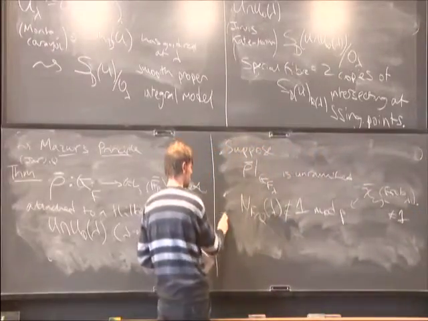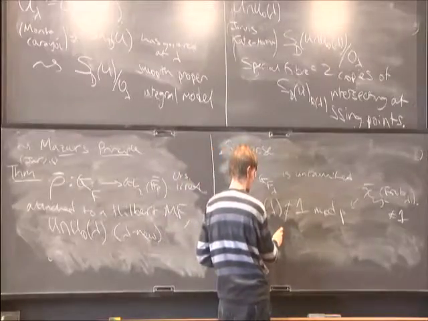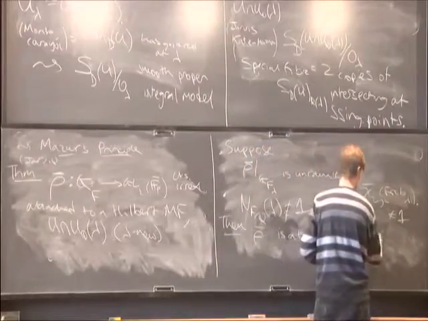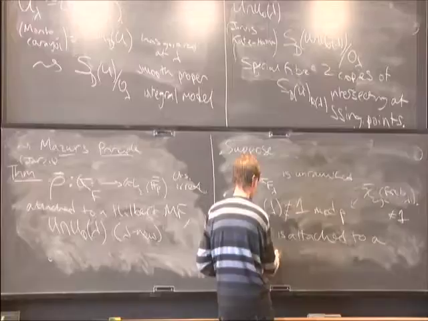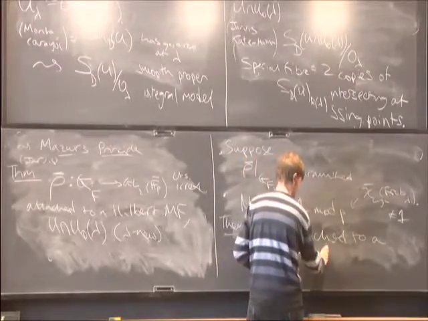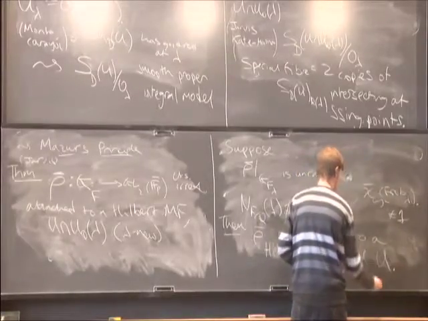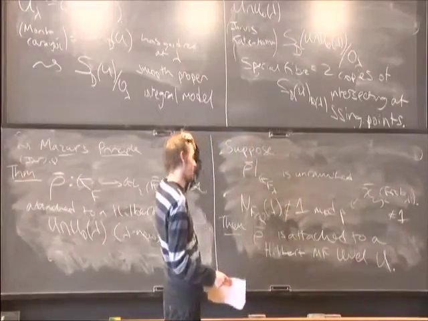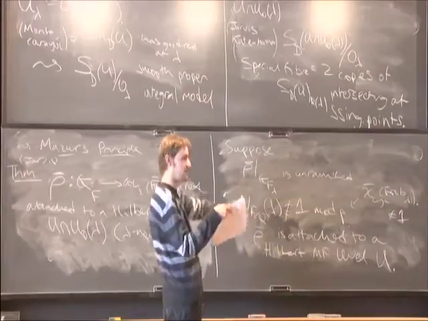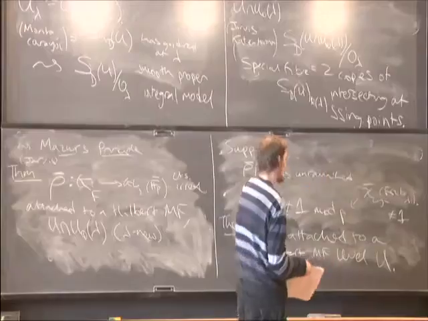Then the conclusion is that rho bar actually arises, was attached to, a Hilbert modular form of level prime to lambda now. So a Hilbert modular form of level U. I should have said before, with the definition of integral models, that I'm assuming that my level subgroups U and V are always small enough that all the appropriate moduli spaces will be fine and so everything works.